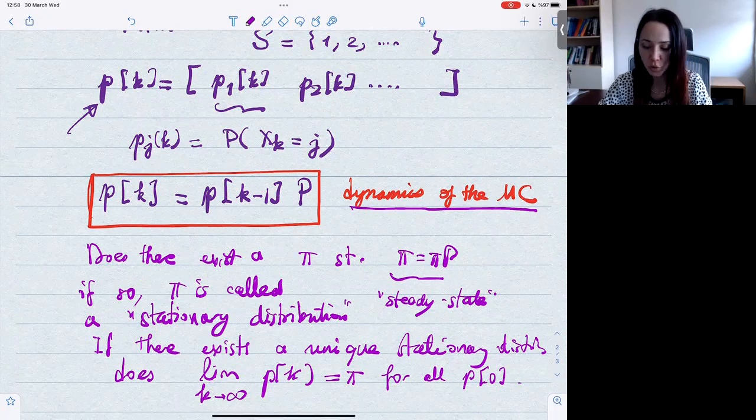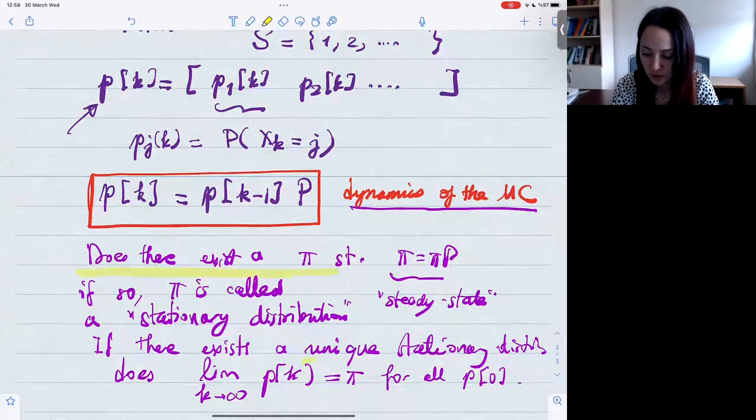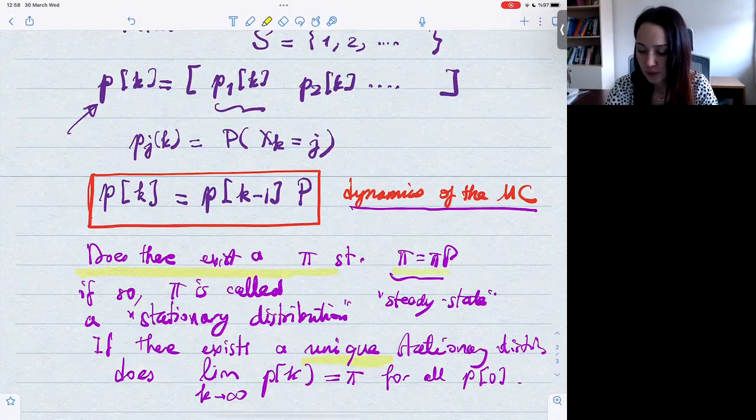Okay, so there are two notions here. One is: is there a stationary distribution? Is it unique? I mean, is there a unique pi that solves pi equals pi P? And if it is unique, is it really reached?